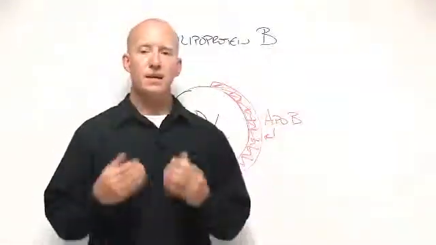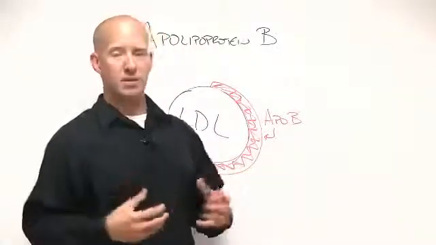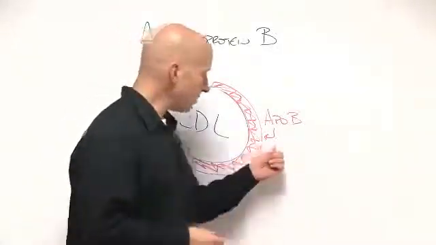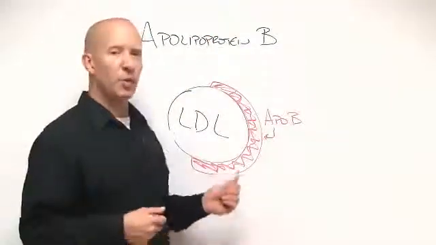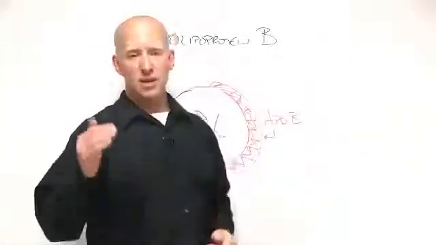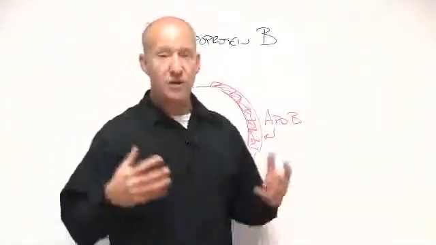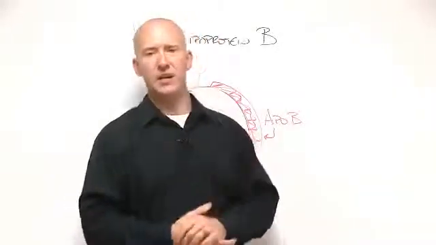Apolipoprotein B is essentially a lipoprotein particle amount. So again, anytime you see an apolipoprotein B, it's associated with an LDL particle, meaning apolipoprotein B is directly associated or correlated or even equal to the LDL particle number in that given individual.